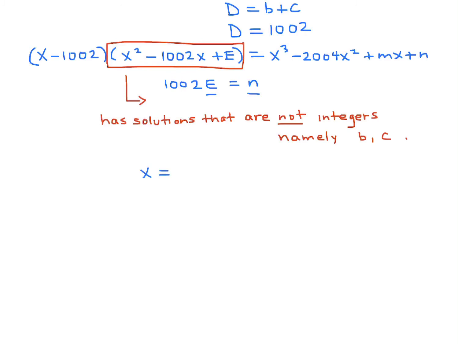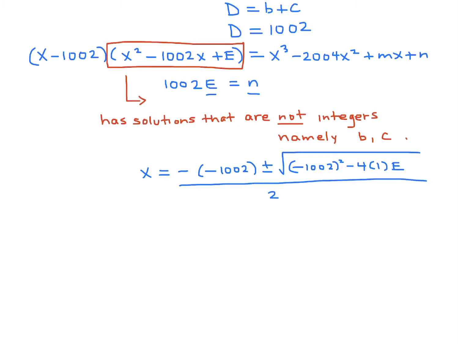You set it equal to 0 and use the quadratic formula. So minus b plus or minus the square root of b squared minus 4ac, all over 2a, like that. And this basically becomes 1002, but I'm going to divide through by the 2 there, so I get 501 plus or minus.